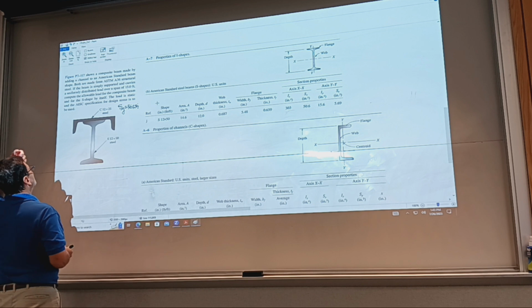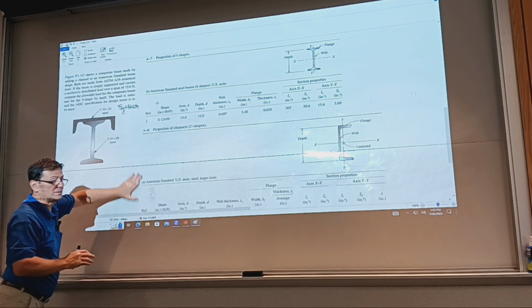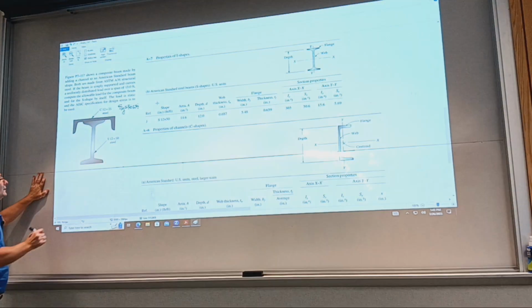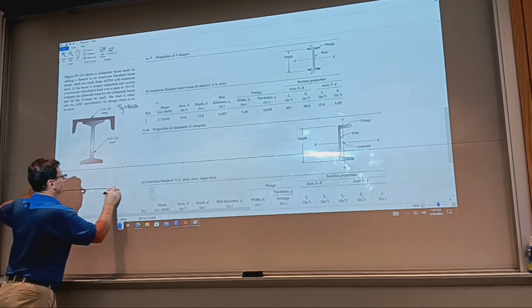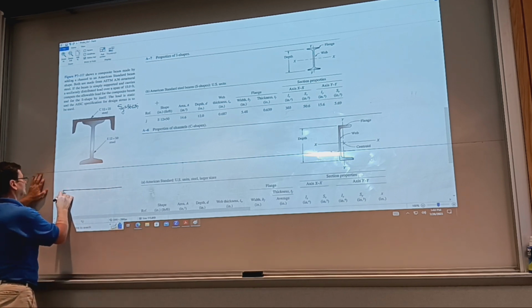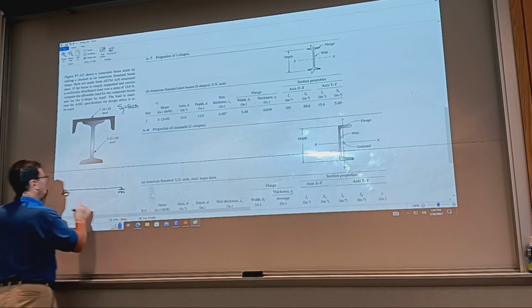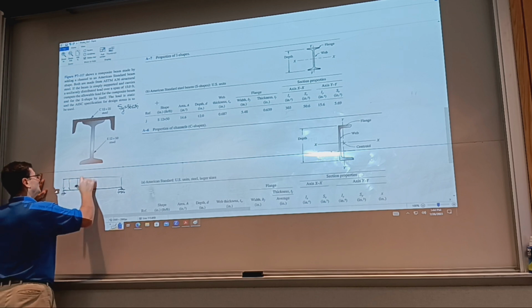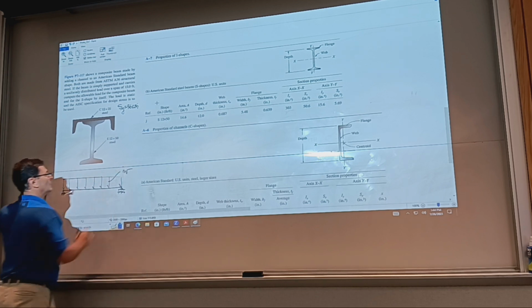Let's look first at the beam itself. Again, we don't know w, but we can calculate the maximum stress. So I'm drawing a simply supported beam with a uniform load, and this is w.